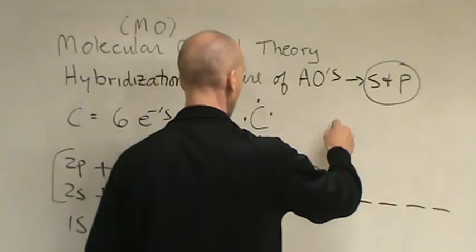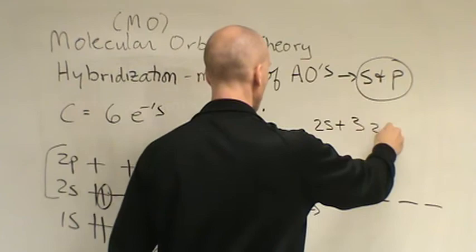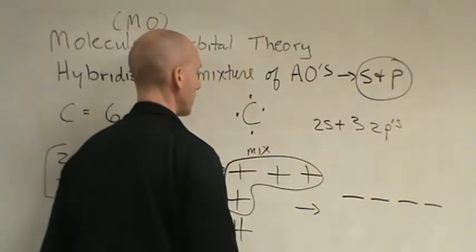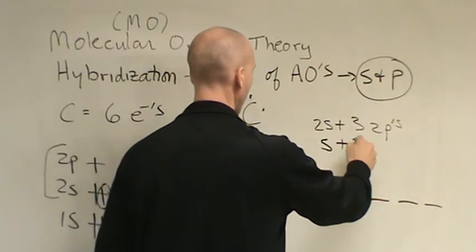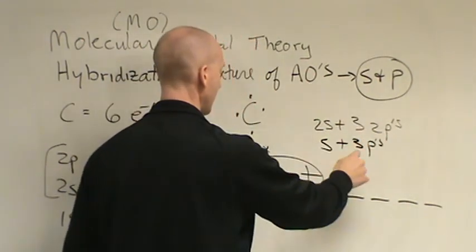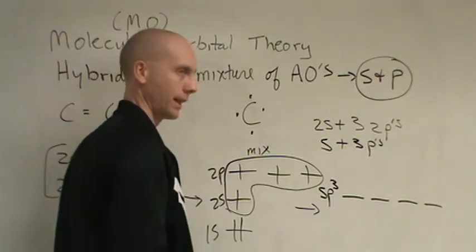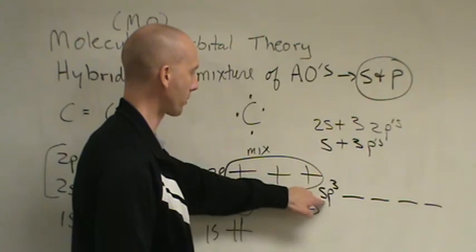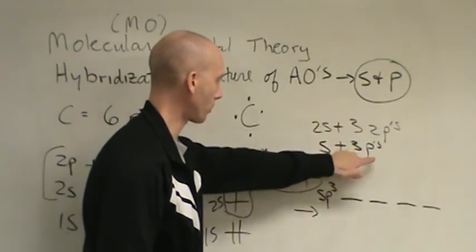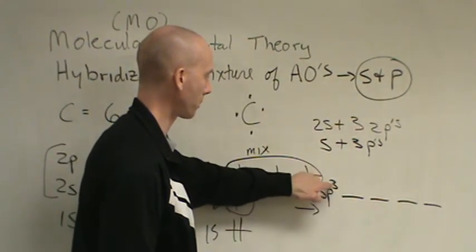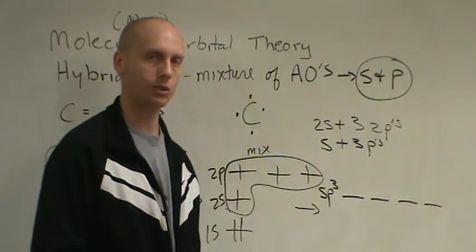I'm mixing a 2s plus 3 2p's. So I'm mixing an s and 3 p's. When I do that, I get an sp3. So an sp3 is simply the result of mixing 1 s and 3 p's. I put the 3 as an exponent to indicate I've mixed those 3 p's.